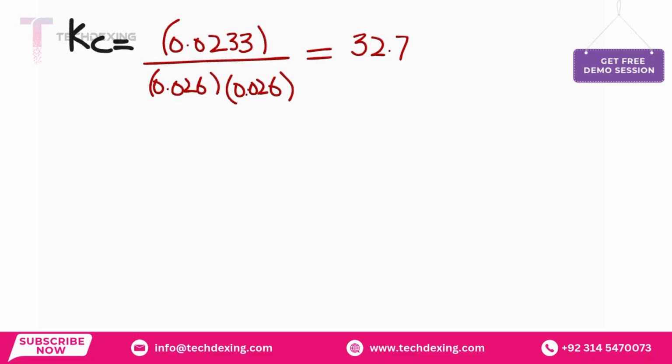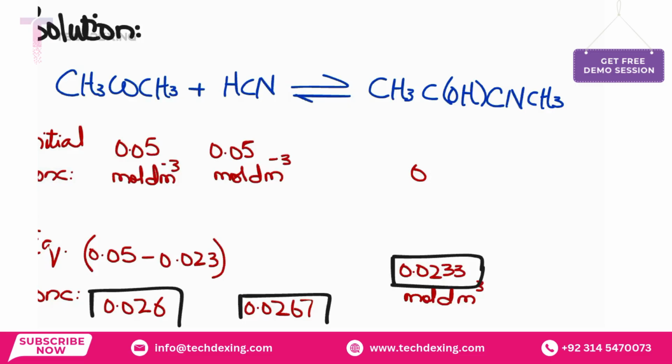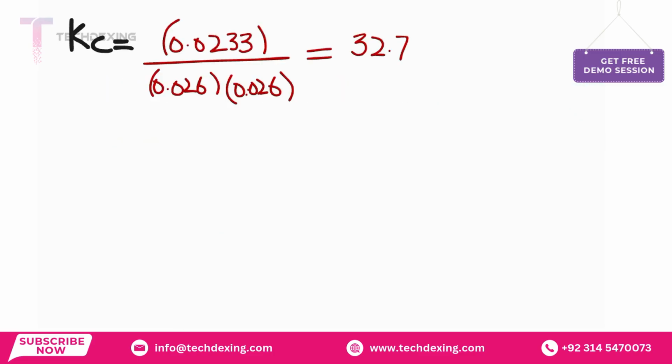Now move to the previous slide and let me know whether this Kc would have any unit or not. It will have a unit. So now move to slide number 7, and here we can decide which one would be the unit. Can you predict the unit, or do we have to solve for it? Should be decimeter cube minus 1.